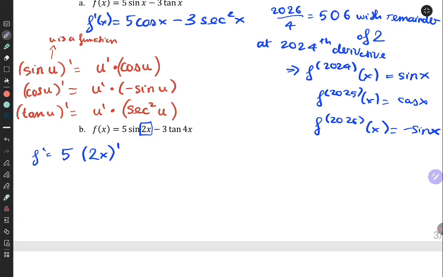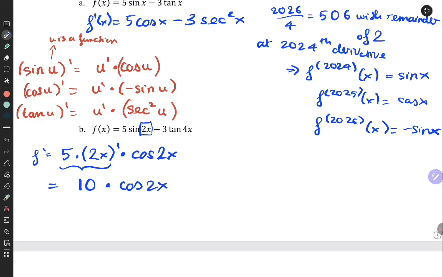Multiply by cosine of u, cosine of 2x. The derivative of 2x is 2. Five times 2 is 10, times cosine of 2x. I just did that for the first term.